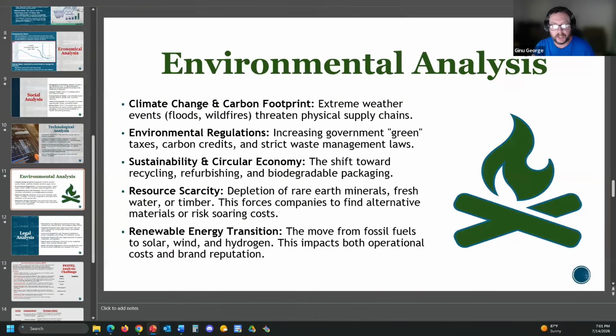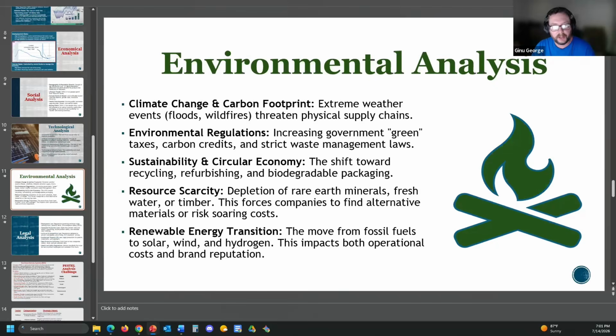Every unit of energy a business consumes and every ounce of waste it produces is now under intense scrutiny from regulators and from consumers. So you're looking at the government, that political portion, and also people, that social portion of these PEST factors.